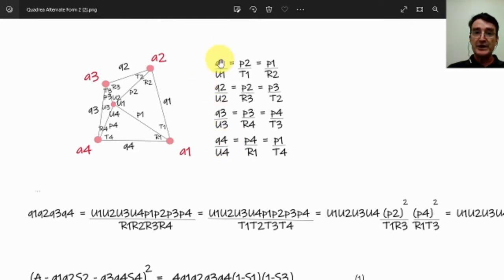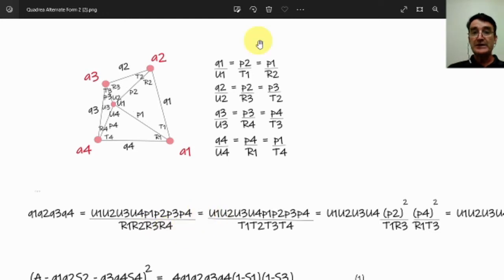Then we multiply Q1 times Q2 times Q3 times Q4 all together, and using different combinations of these terms on the right-hand side, we get U1 times U2 times U3 times U4 times P1 times P2 times P3 times P4, all divided by R1 times R2 times R3 times R4.